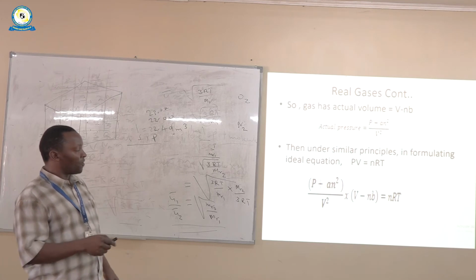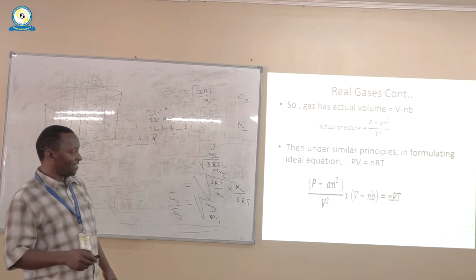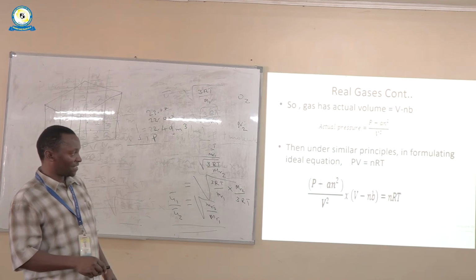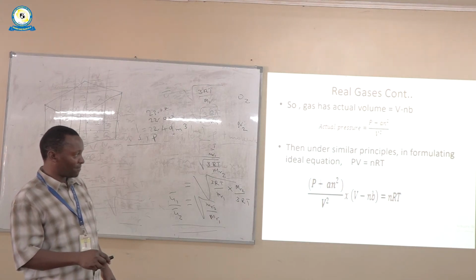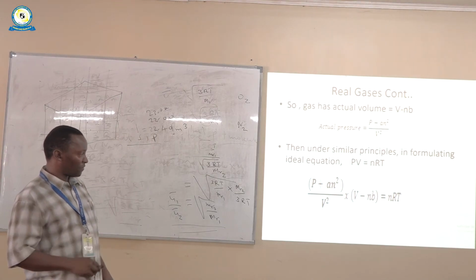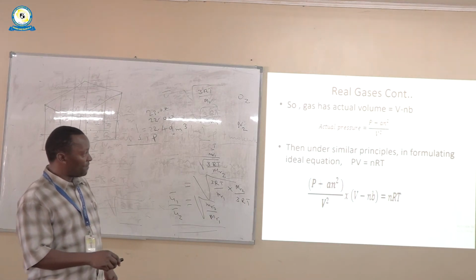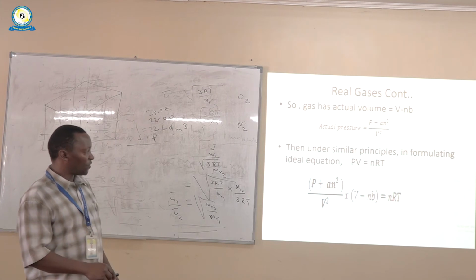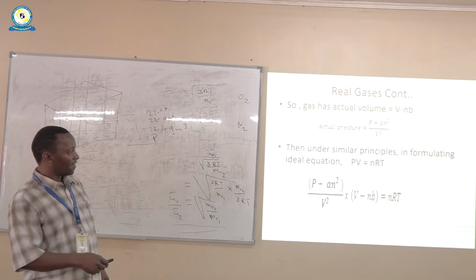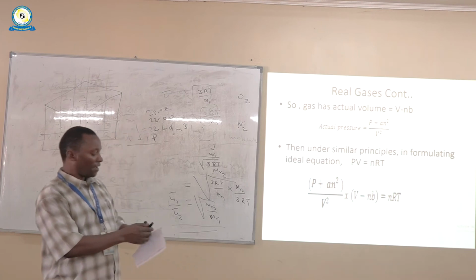Treating it the same way as we treated the ideal gas equation, where we had pressure times volume equal to the amount of the gas times the ideal gas constant times temperature, even here we can multiply the actual volume times the actual pressure, and all of them are equal to nRT. This is known as the Van der Waals equation.